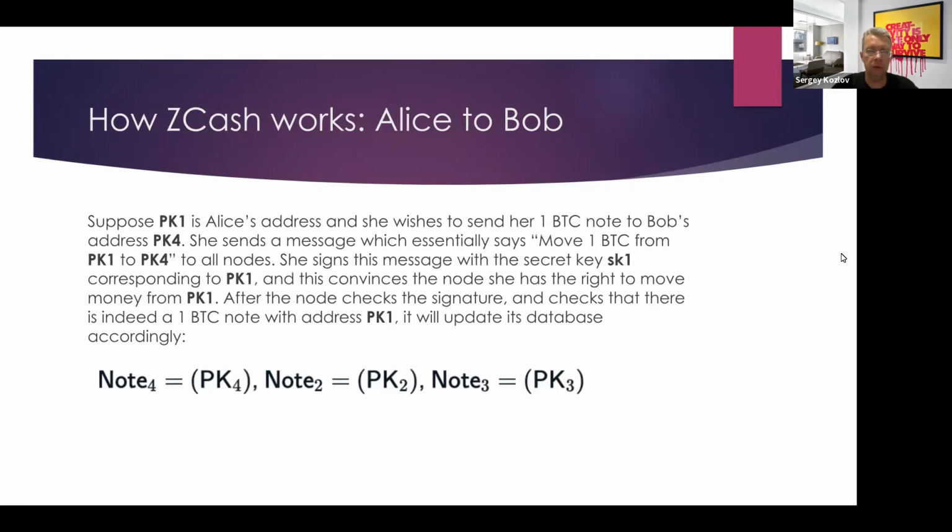What we have on our blockchain is the next state, where PK1, which is owned by Alice, does not own one Bitcoin anymore, but new public key 4 owns this Bitcoin. So this is exactly what happened: the transaction happened and the Bitcoin from PK1 went to PK4.